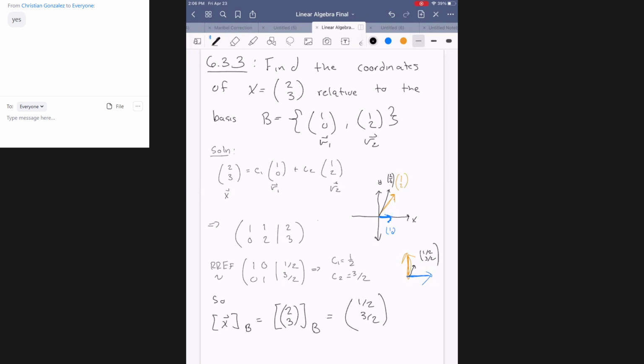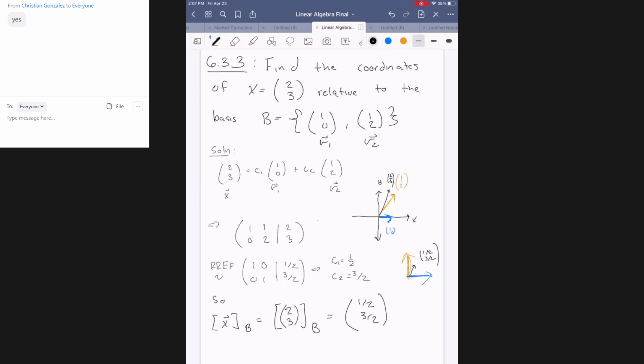So let's talk about something else now. Let's talk about transition matrices. So instead of us doing this all the time, let's talk about the matrix that gives us the coordinate change.